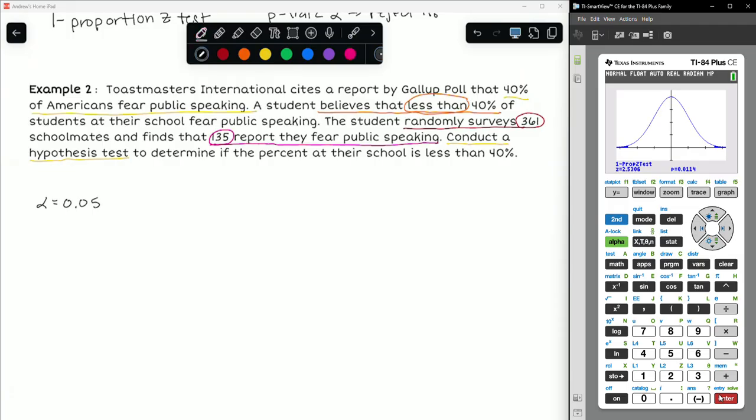So let's go ahead and start our process. We're looking at the proportion, and this test came from data about students at this researcher's school. So our proportion is the proportion of students who fear public speaking.